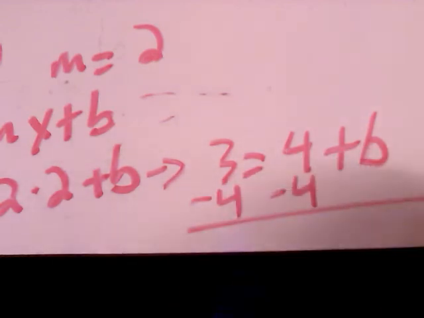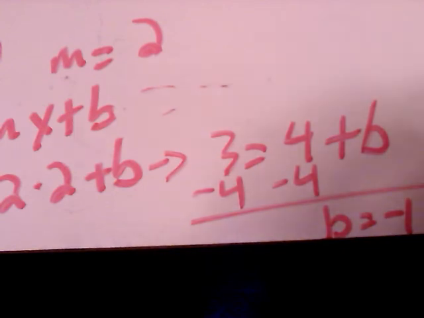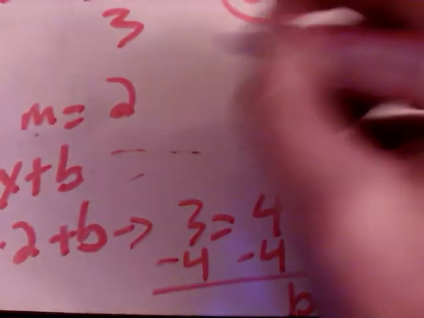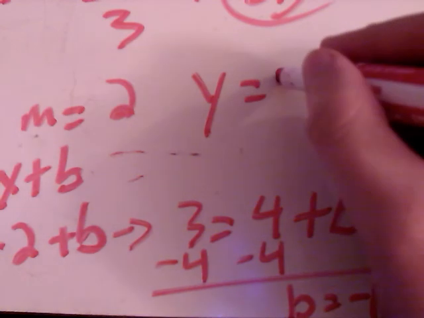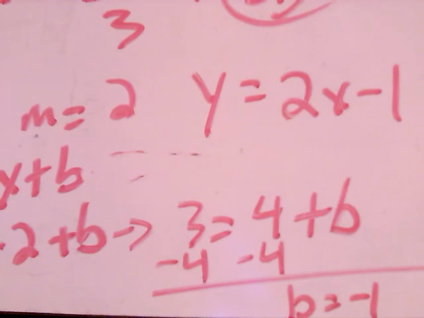So you should get b equals -1. So once again, we have slope and we have y-intercept, so we are good. There we go. Remember, since it's -1, we can put -1.